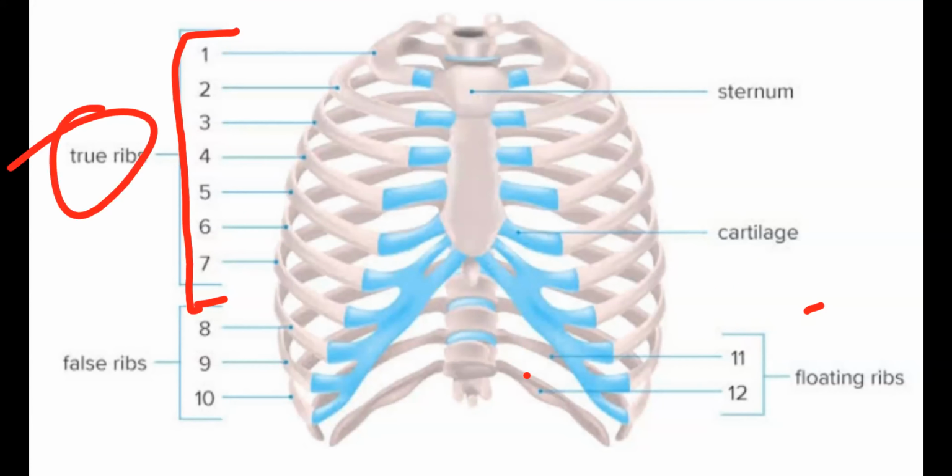These are called as true ribs. These are known as true ribs. बोलिए, clear? These are also called as vertebrosternal ribs. Vertebrosternal ribs. एक एंड पे वर्टिब्रल कॉलम पे अटैच्ड है, बैक साइड पे, फ्रंट साइड पे अटैच्ड टू दी sternum. So these are vertebrosternal ribs. First 7 pairs.